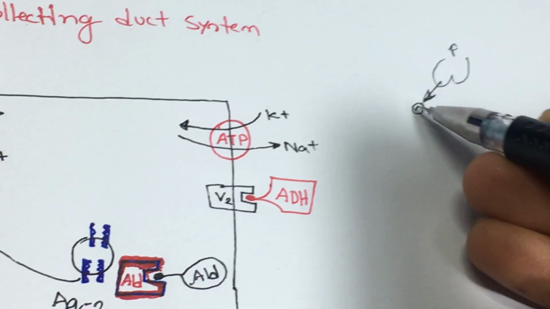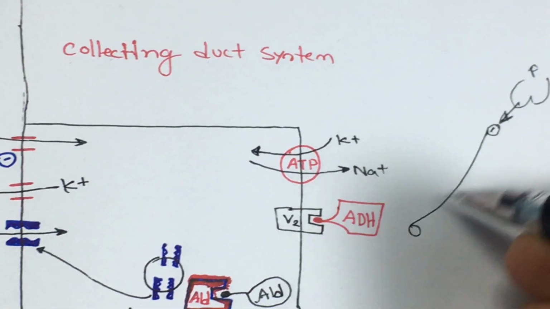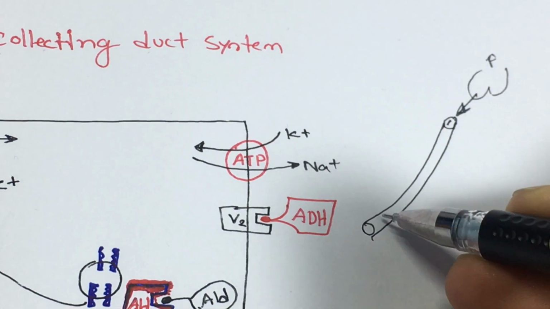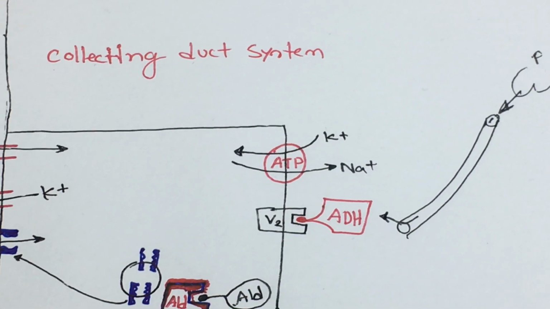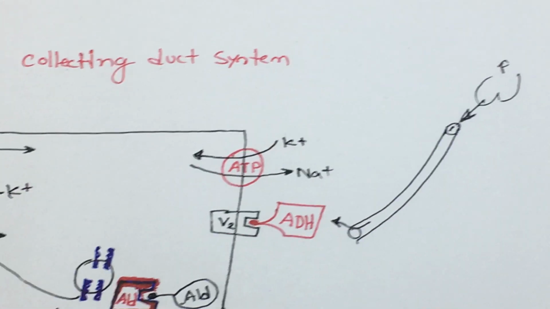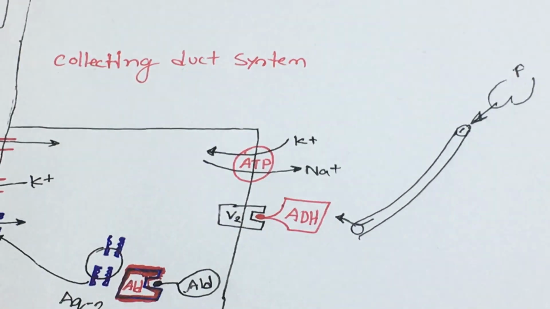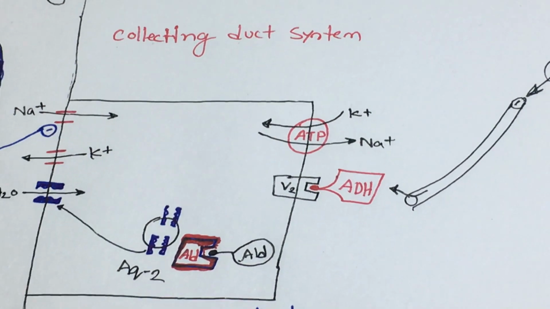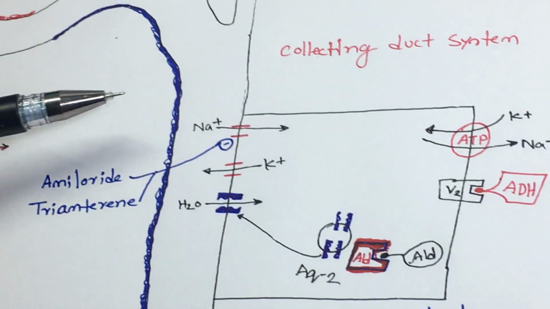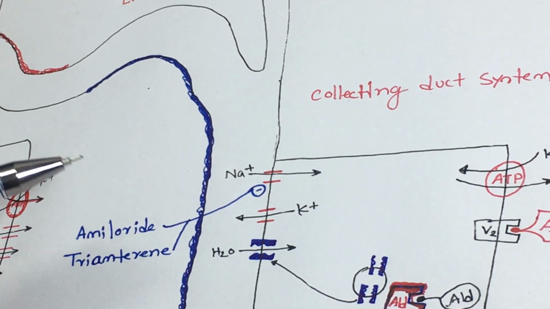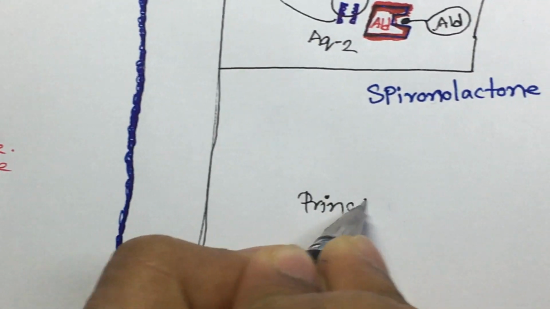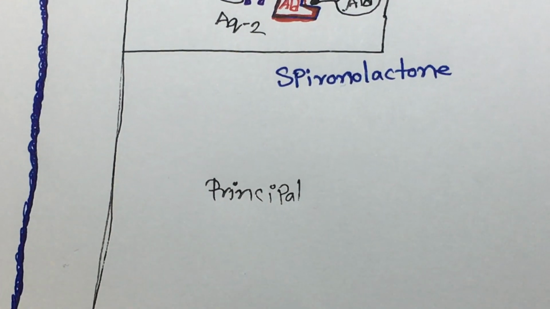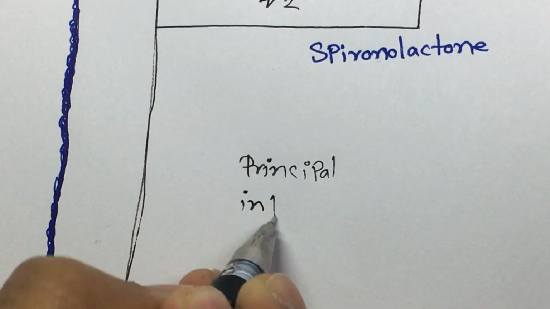From there it comes into the blood circulation, and if it works on the cell, then the last part of the nephron will be permeable to water. The last part of the nephron is made of mainly two cells. One is the principal cell, one is the intercalated cell.